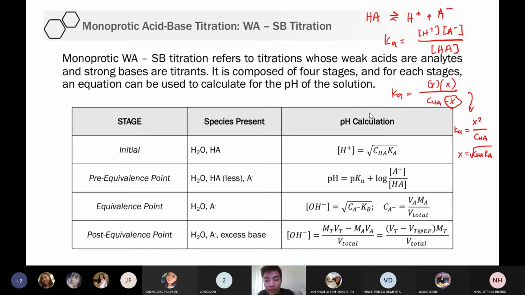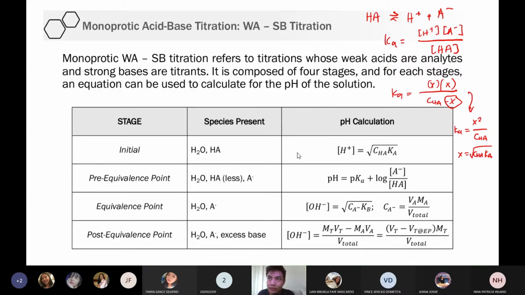However, in our case, for simplicity, mag small x approximation, okay? Because kahit naman ikaw ay small x approximation, then the ratio of acid and the Ka is not greater than 1,000, medyo malapit yung pH na makukuha mo doon.